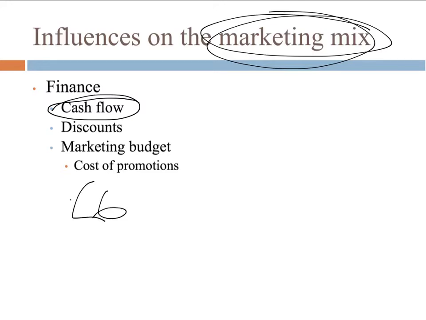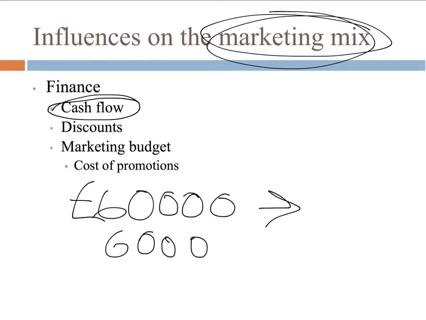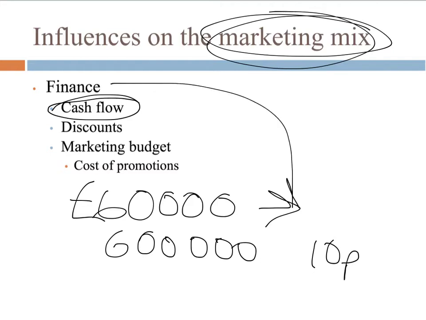So if a promotion costs £60,000 and reaches 600,000 people, then we'll say it's got a cost of 10 pence per thousand, 10 pence per customer. So we could say that finance might have an impact on what promotions we put on. If it costs, say, 20 pence per customer to run a promotion rather than 10 pence, we'd do the one that costs 10 pence.